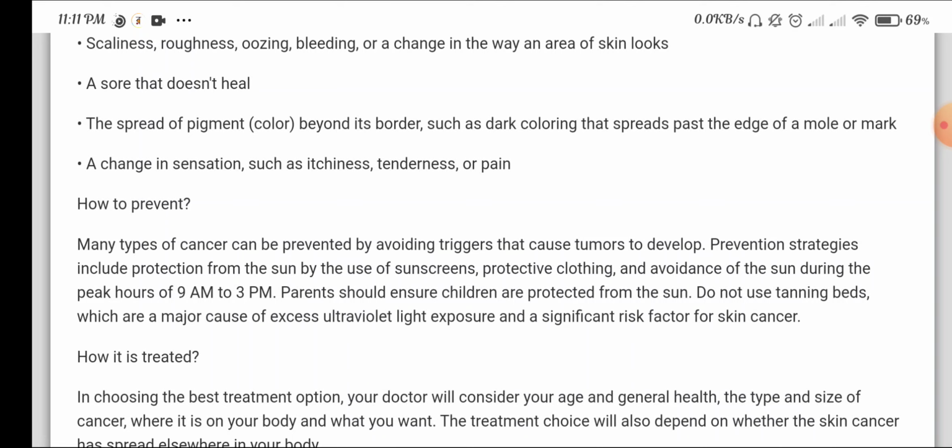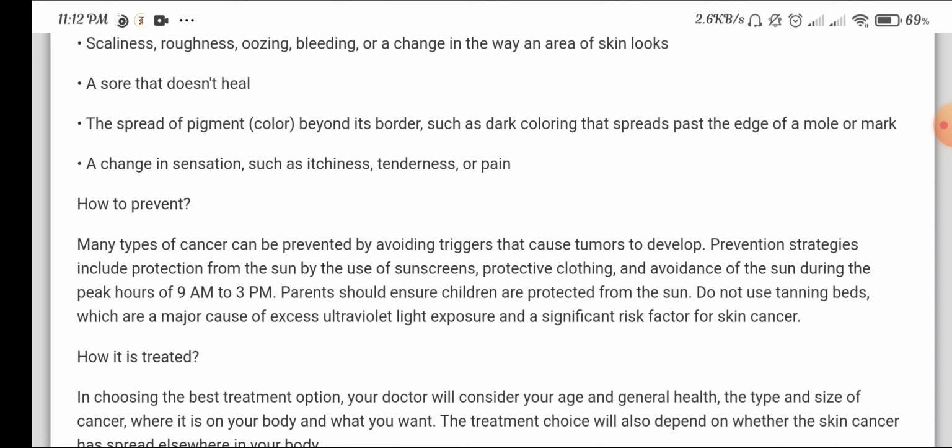How to prevent it? Many types of cancer can be prevented by avoiding triggers that cause tumors to develop. Prevention strategies include protection from the sun by the use of sunscreens, protective clothing, and avoidance of the sun during the peak hours of 9 a.m. to 3 p.m. Parents should ensure children are protected from the sun.